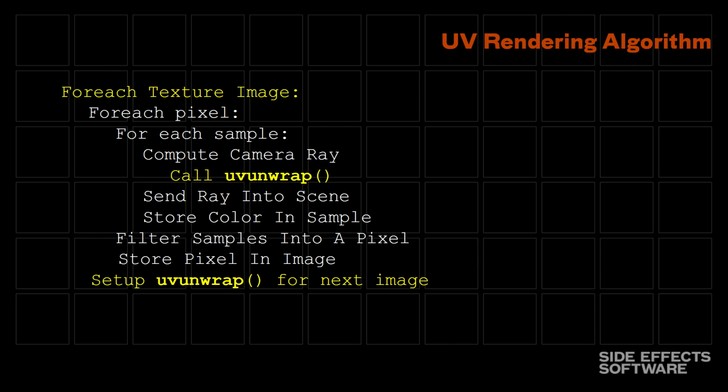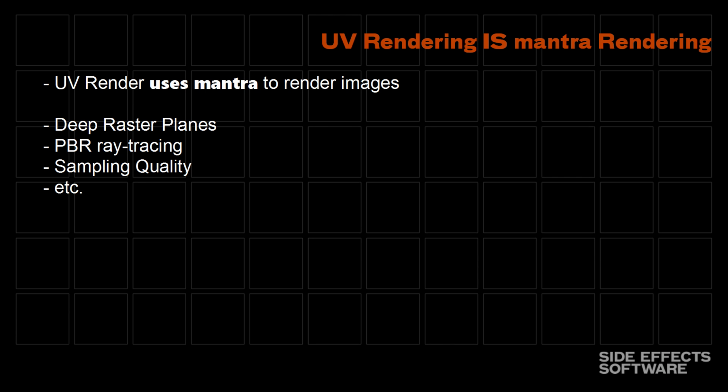We call UV unwrap, and this is where the lens shader comes into play. We send the ray into the scene. We store the color in a sample. We filter those samples into a pixel. We store the pixel in the image, and we set up UV unwrap for the next image. The UV unwrap has to have some smarts about the geometry that's being processed that allows the algorithm to unwrap the rays.